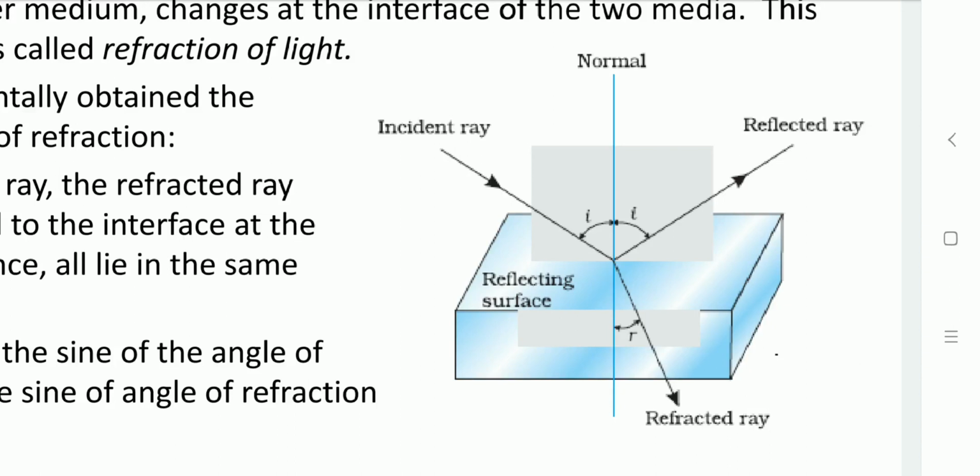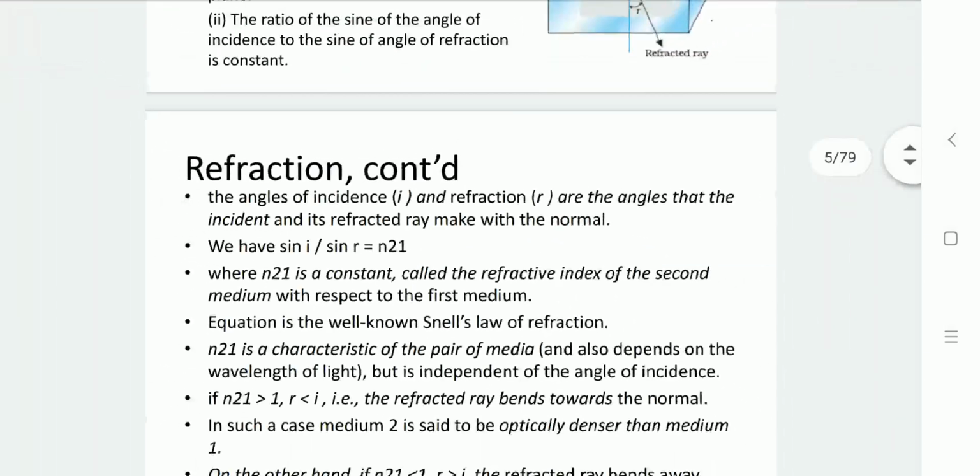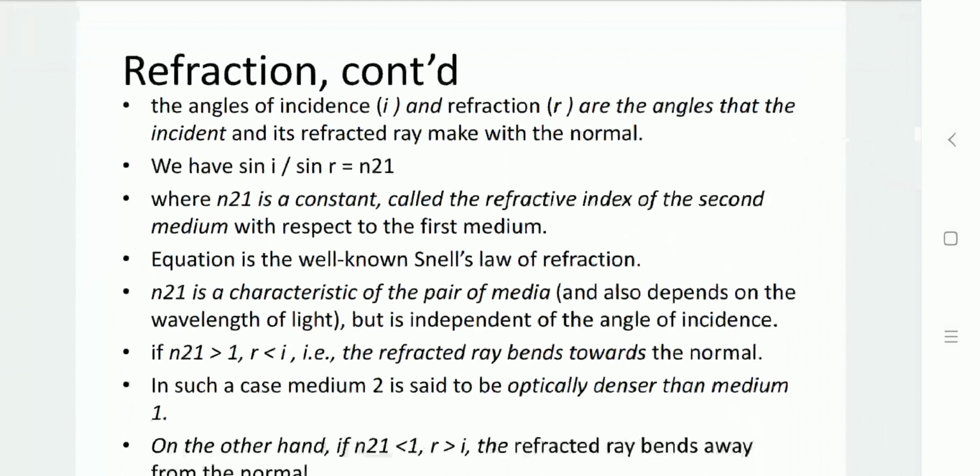With respect to the normal, the incident angle is I, and the refracted angle in the glass medium is shown as R. If we take the ratio of sin I, where I is the incident angle, upon sin R, where R is the refracted angle, that ratio is always constant, and that constant is known as the refractive index of the second medium with respect to the first medium, n21, which we define as n2 by n1. That law is known as Snell's law.